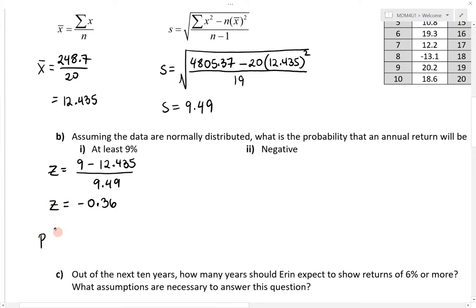So the probability that the annual return will be greater than 9 is equal to the probability that the z-score is at negative 0.36.